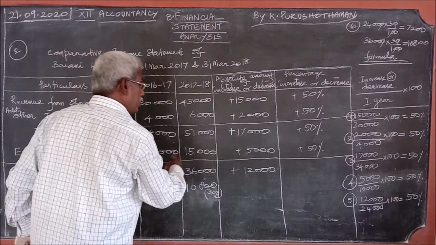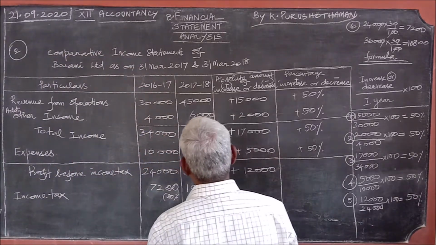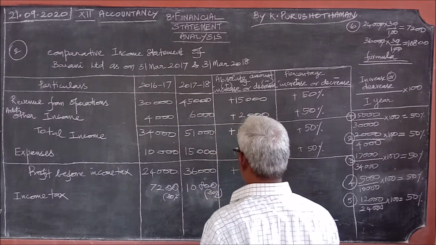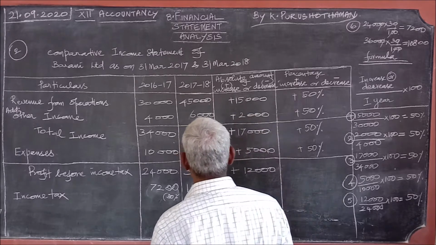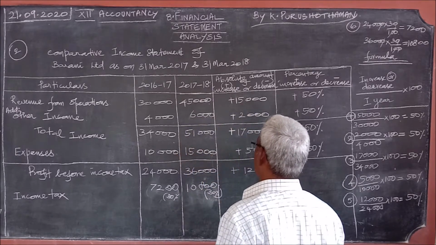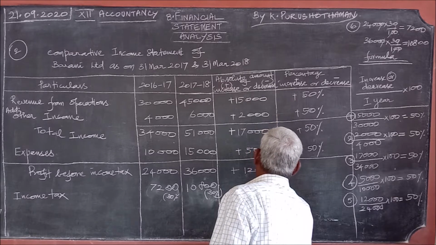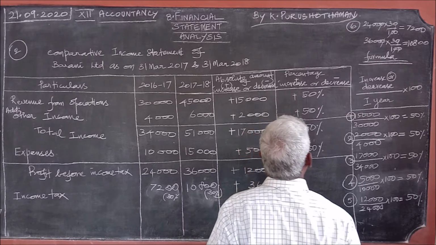So, how much is the increase in income tax? 10,800 minus 7,200, how much is it? 3,600. There is an increase in income tax of 3,600.